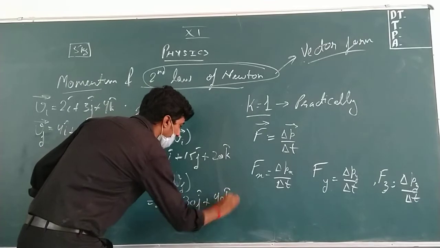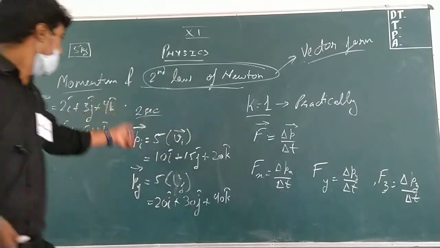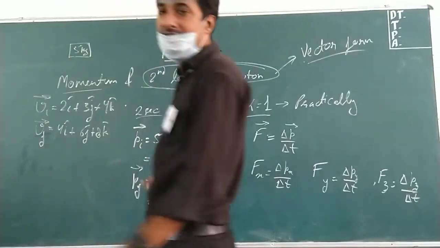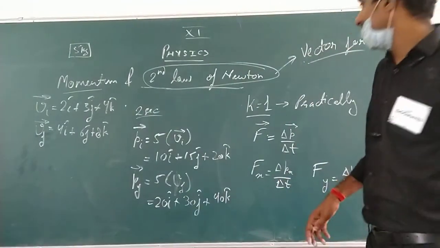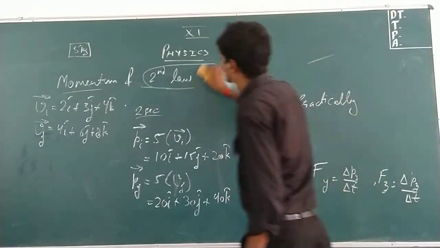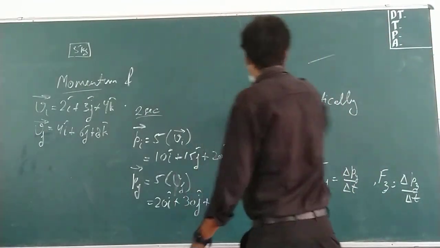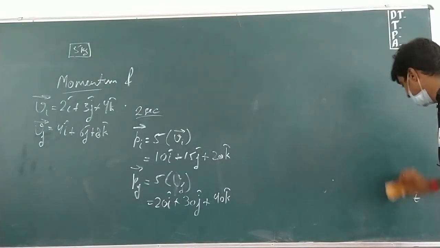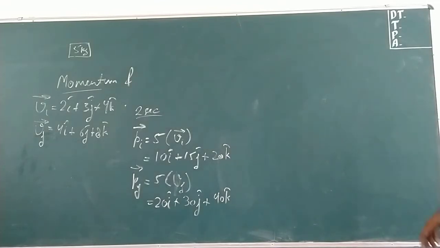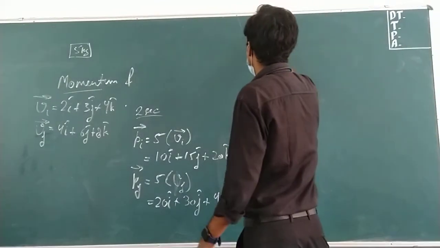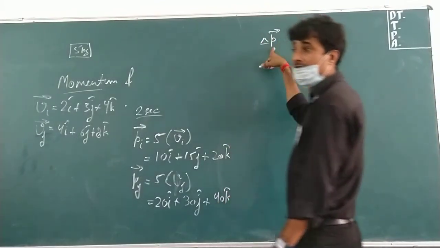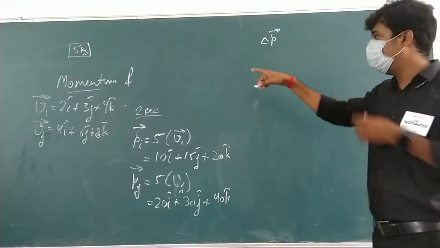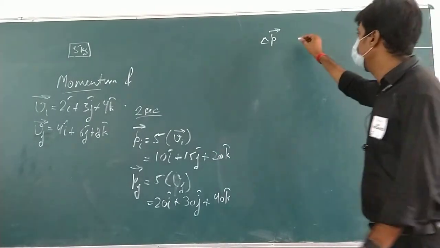This was P initial and this was P final. Now if you want to find the change in momentum of the body, it changes in 2 seconds. Delta P is in vector form, because P was a vector, so delta P is also a vector.